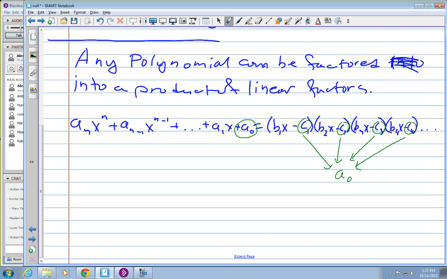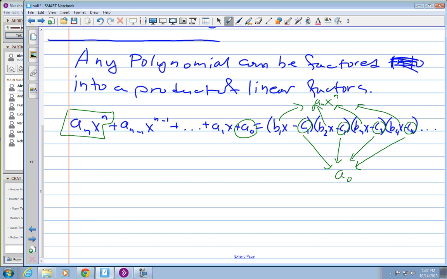At the same time, at some point we'll multiply all those front numbers, b1x, b2x, b3x, b4x, and that will be our leading term. The product of all first terms will give me the highest exponent. It will equal my leading term.